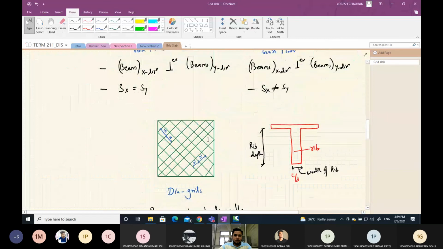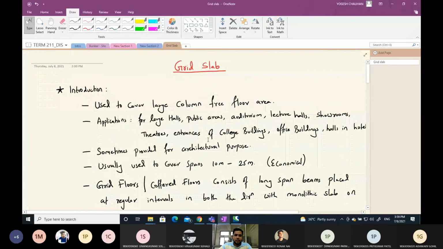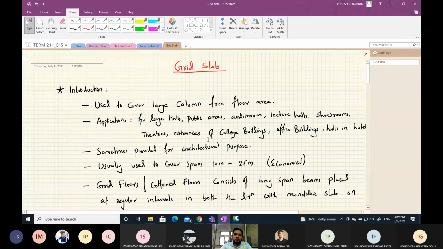Okay, so today we have gone through the introduction of grid slab. Grid slabs are used to cover large column-free floor areas. They are one of the alternatives used for covering large floor areas along with the flat slab, pre-stressed slabs, and other pre-tension or post-tension slabs. They find applications in large marriage halls, public areas, auditoriums, lecture halls, showrooms, theaters.